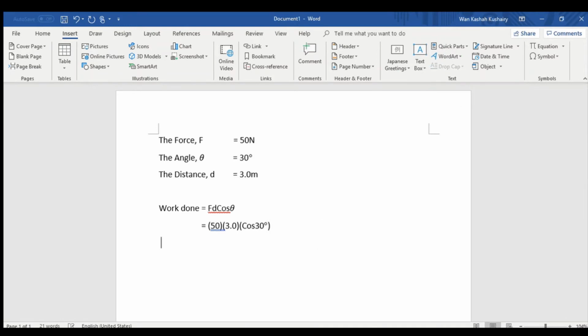And the final answer for our question here is 129.9 joule. And that is our final answer for how to find the work done for this situation.